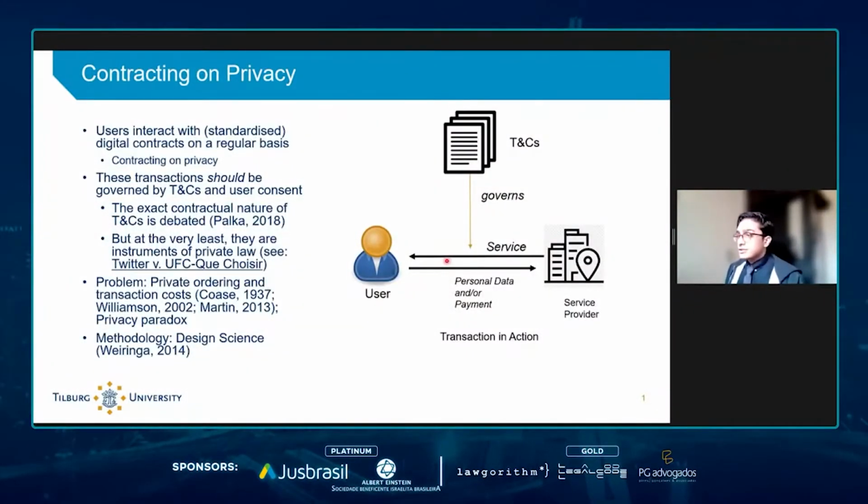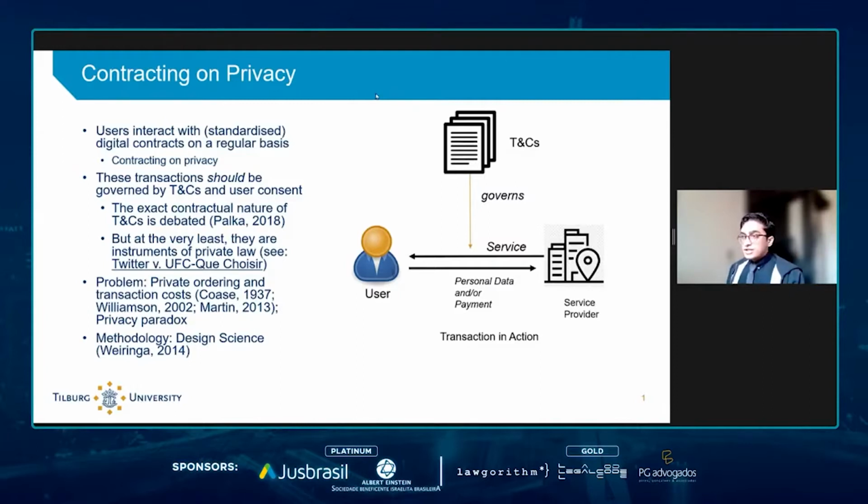Individual users such as you and I, we contract on privacy on a regular basis. We interact with standardized digital contracts such as terms and conditions every time we visit a website, every time we download an application and agree to its terms. These contracts often include terms about how they handle personal data, what impact they have on our privacy.